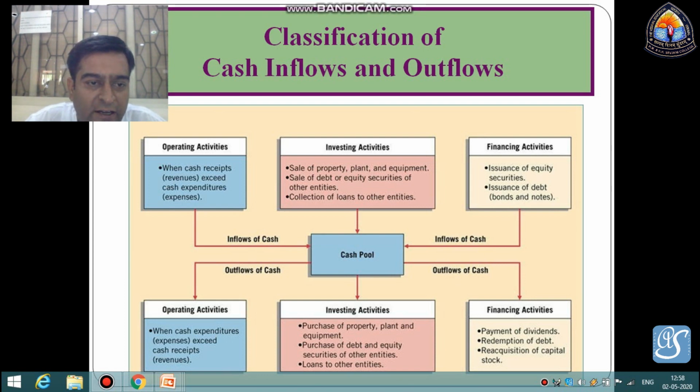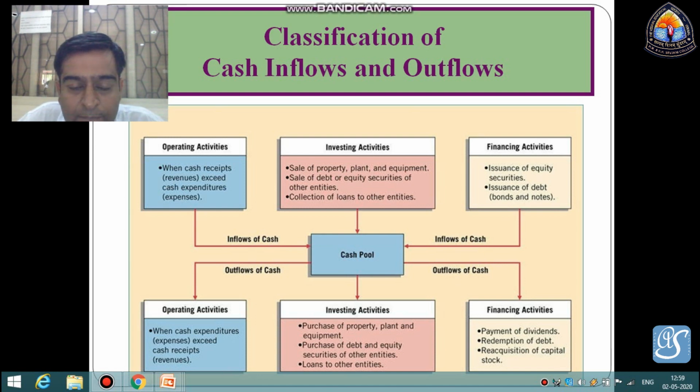In operating activities, we already discussed in our class that generally all the debit things of the P&L account and credit things of the P&L account are considered, or you can say transactions which run or operate the business. That type of transaction should be covered in operating activities. So all the debit things should be added and all the credit things should be deducted from that. So that is operating activities.